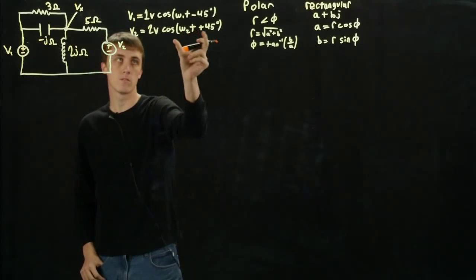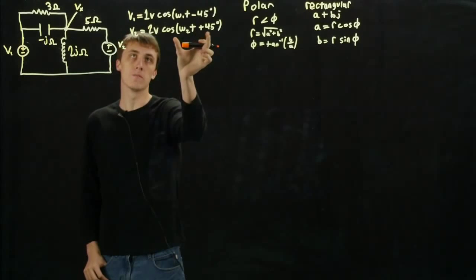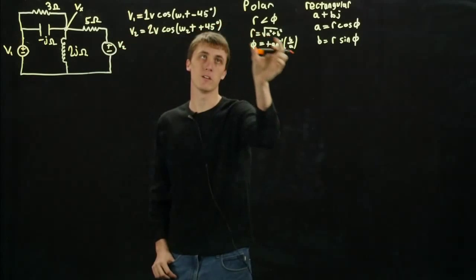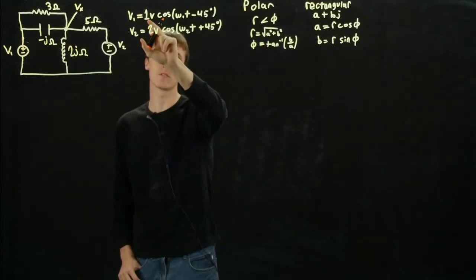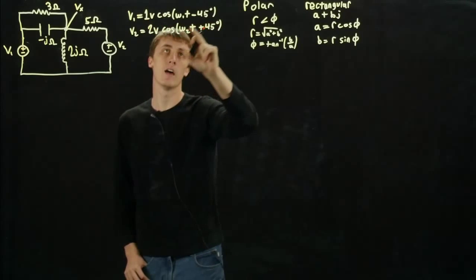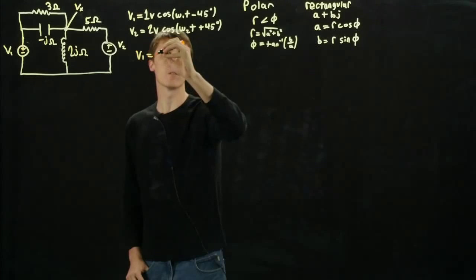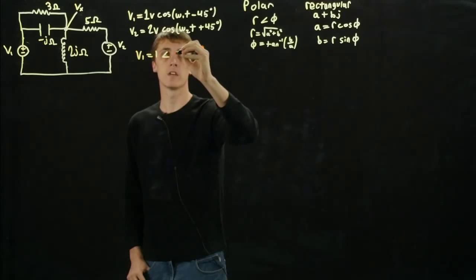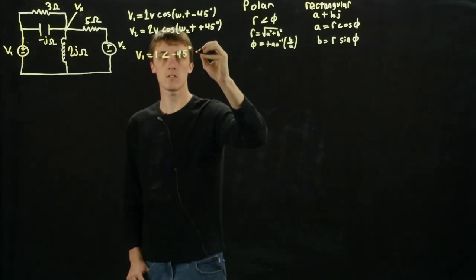and we'll be using two AC voltages, which we can convert straight to polar. And we can do that by this, you can think of as the R, and this you can think of as the phase angle. So V1 is equal to 1 angle negative 45 degrees.